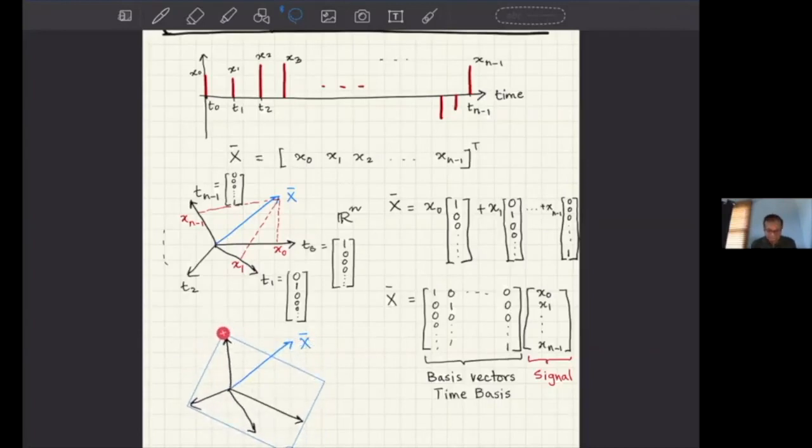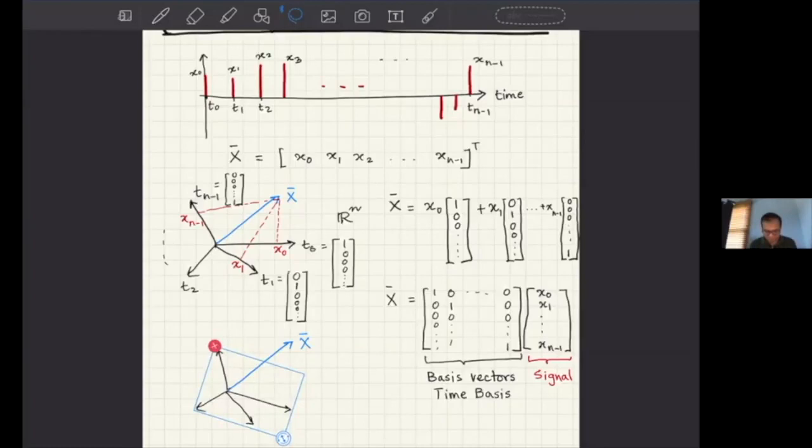And as I rotate these basis vectors, the values of the vector x are going to change. So my point is, time is not anything special. We could potentially express the same vector x in other bases, in the same n-dimensional space, but with other basis vectors.